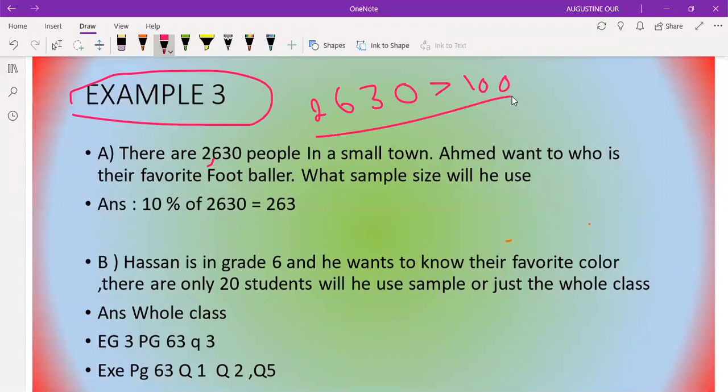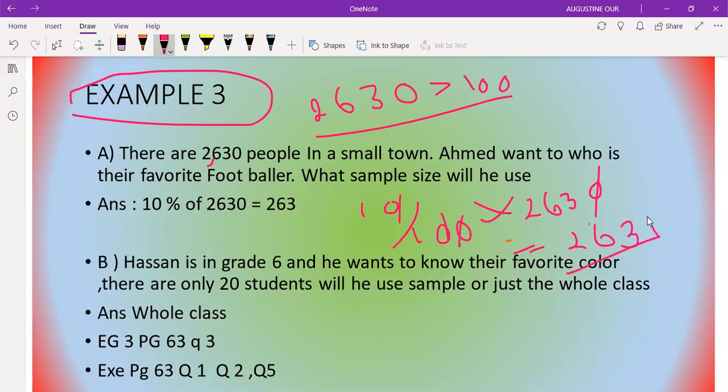So we can use sampling. Instead of interviewing everyone, we can just interview 10% of this. 10% of this is, this one will cancel this one, so it will be 2, 6, 3.